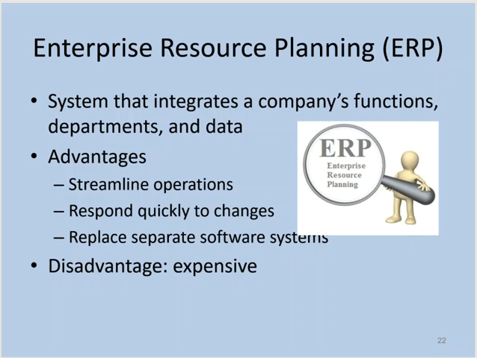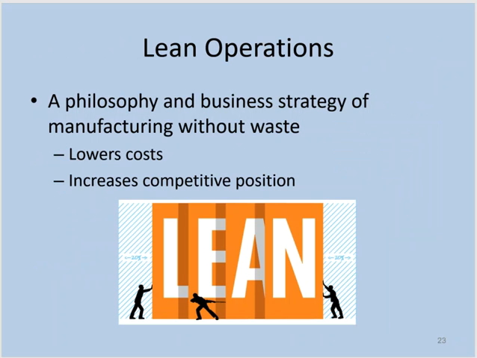And companies will look at the cost. So lean thinking is a new philosophy and a business strategy that companies are using to operate without waste. So if they can eliminate waste, then the lower the company's cost should be. With lower costs, companies are better able to compete.